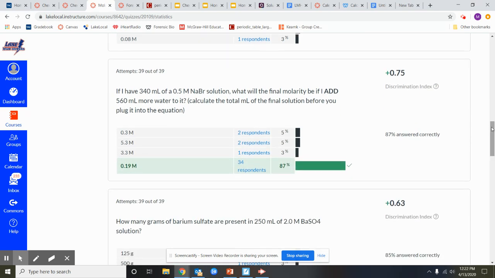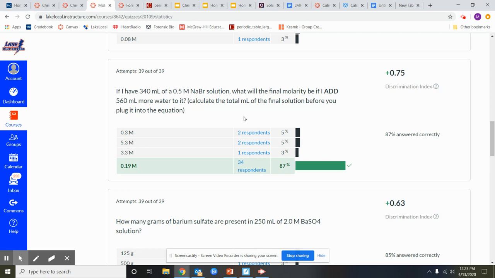Okay, for the next one, number 4, this is a concentration question. You have an initial molarity and you're solving for a final molarity. You have an initial volume and a final volume. The concentration equation is M1 V1, molarity 1 times volume 1, equals M2 times V2, molarity 2 times volume 2.